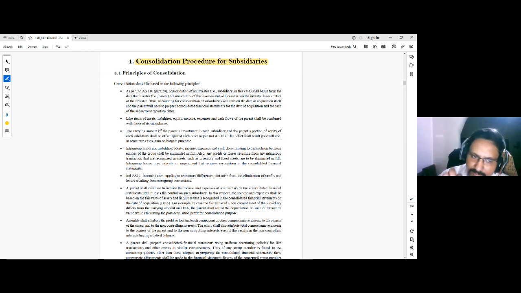The parent company's original standalone balance sheet, which includes the investment in the subsidiary, will no longer show that investment. Taking all the assets and liabilities and offsetting against the investment may result in a goodwill or a gain from bargain purchase, as the case may be, and that will be recorded. Up to this, let us cover first how on the date of acquisition consolidation is done, so let us go for that portion.